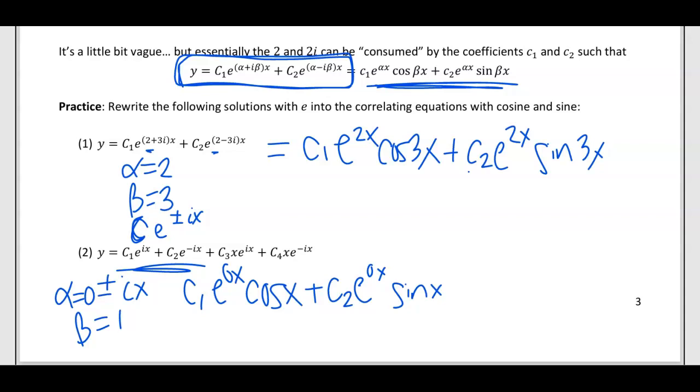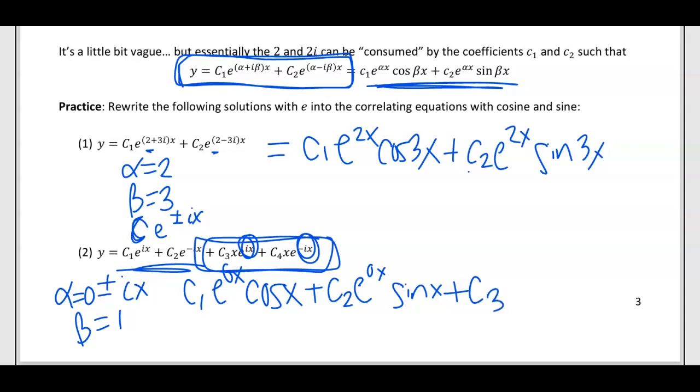And then that exponential function, if you were to map it in the coordinate plane, corresponds to a sine and cosine of this function, okay? Over here, I have an x in the front. And so notice I'm going to keep that x, but my alpha is still 0 and my beta is still 1.